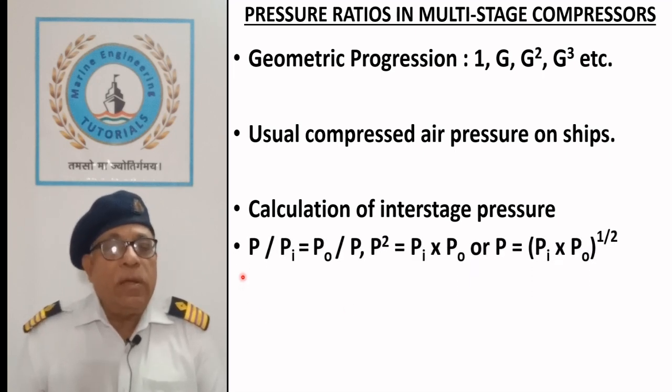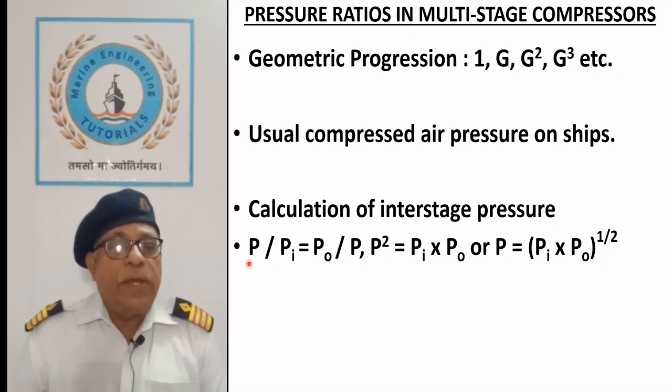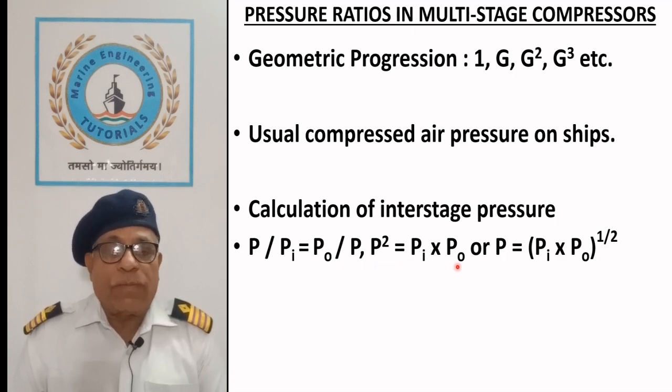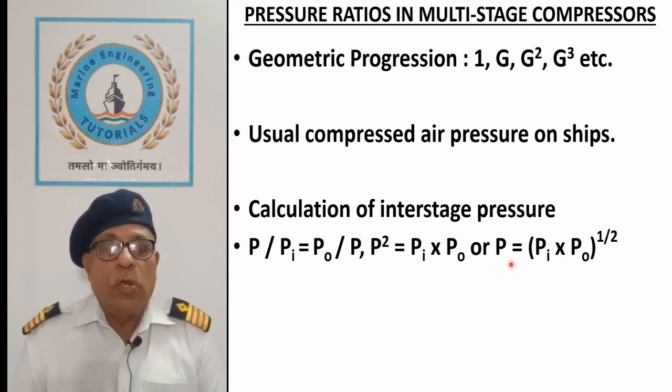So we can find interstage pressure P divided by inlet pressure Pi is equal to outlet pressure Po divided by interstage pressure P. From this we can obtain interstage pressure square is equal to inlet pressure into outlet pressure, or interstage pressure is under the root inlet pressure into outlet pressure.